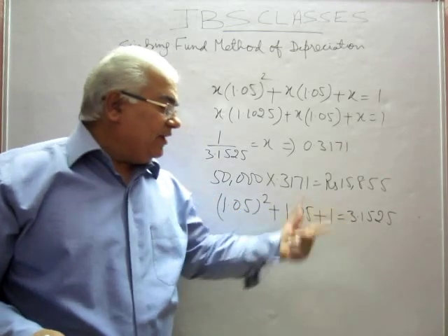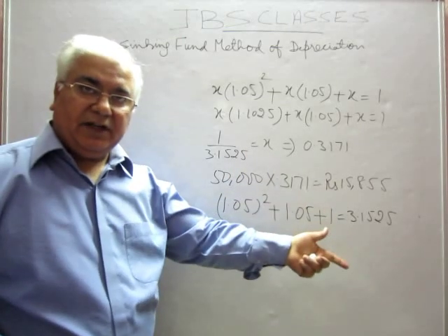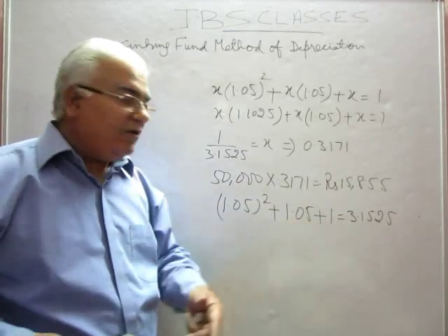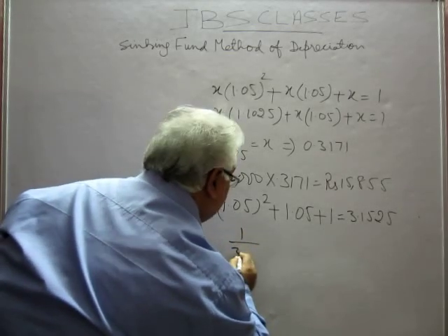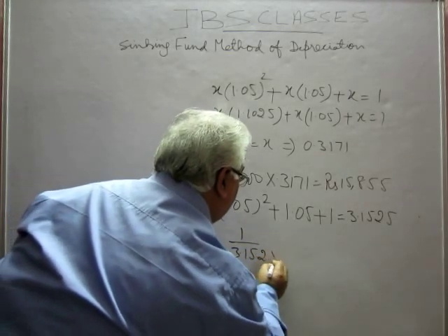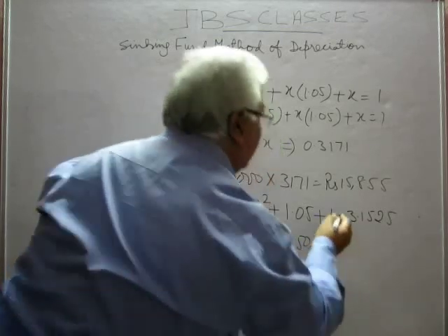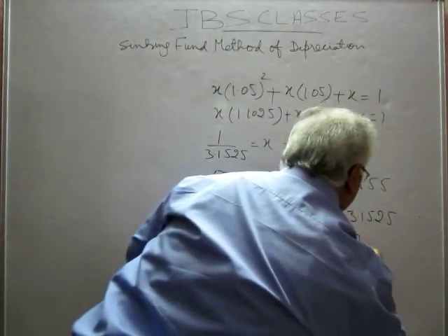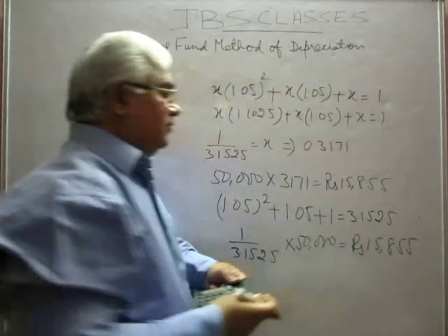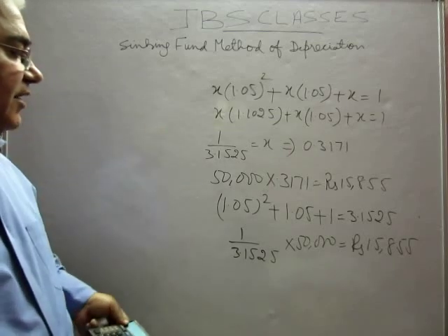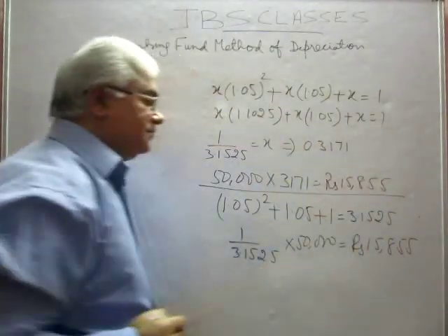So we can simply say, if we need 50,000 at the end of 3 years, what shall be the amount of our annuity? It can simply be worked out like this, into 50,000, and this will again come to the same. So you can look either way, but the result is the same.